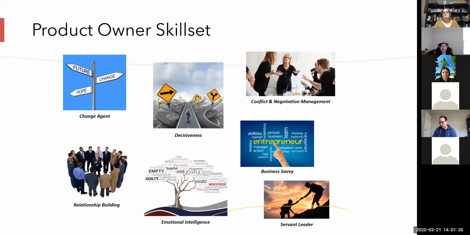What do you feel about being a change agent? That almost means that you're going to have to go up and have some conflict and negotiation conversations. What is your approach to conflict and negotiation management? Are you comfortable with having conflict conversations? What would you do if someone was adamantly screaming at you?